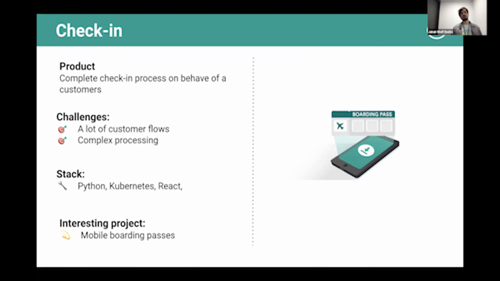One of the interesting projects being released right now is mobile boarding passes, where we actually create mobile boarding passes ourselves based on the information we have from the airline, from the regular PDF boarding pass. So that was a kind of hacky and interesting project we've been working on for the last year.